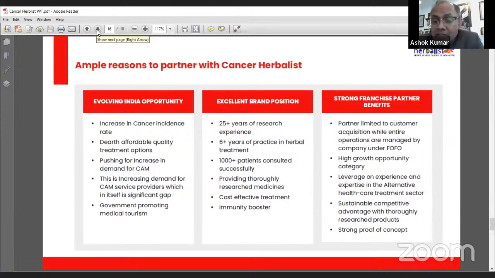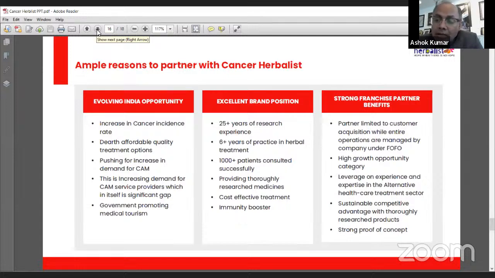As far as my franchisee is concerned, a 0.5 lakh rupees investment is not much, and for people who are already doing some kind of clinical services, fitness related services, or hair treatment services, this can be a very attractive opportunity, because there is no investment for them. They can just pay a 2 lakh rupees franchisee fee and become a family member of Cancer Herbalist.